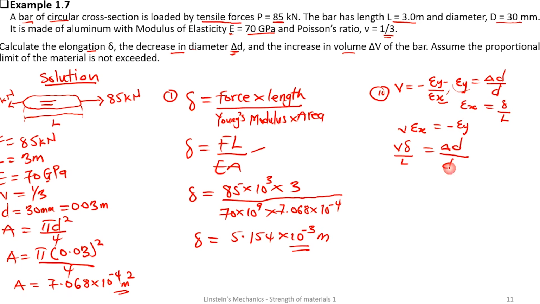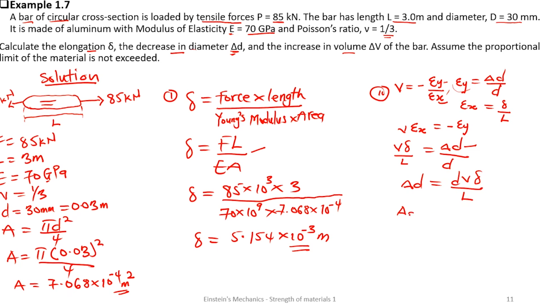The question says we should calculate the decrease in diameter, which is change in D. So let's make change in D the subject, and it's going to be D times the Poisson's ratio and the elongation over the length. We have all these parameters, we can do our substitution.